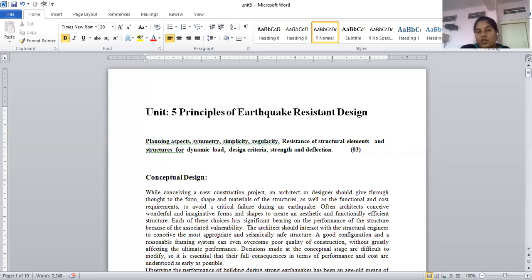You can write the first, overall form. Overall form means the overall form of the building, how it should be, that is nothing but the overall form of the building. So write down overall form of a building.